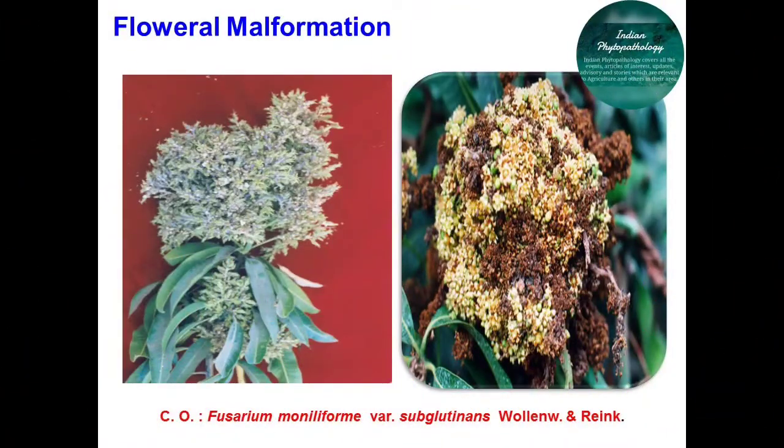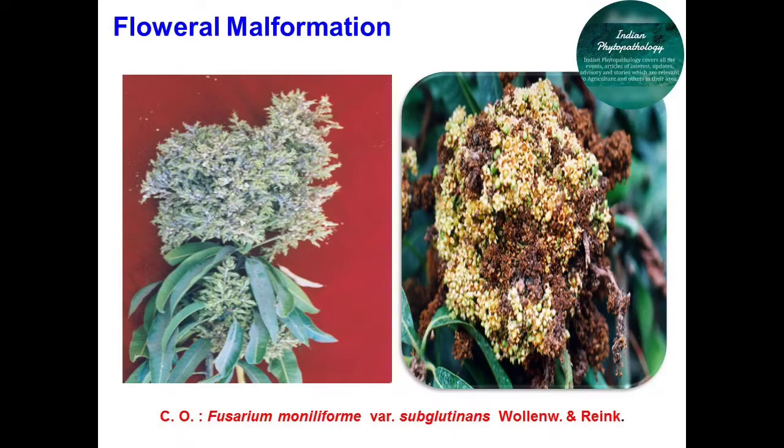The third most important phase is floral malformation. In floral malformation, there is reduction in the length of the primary axis and secondary branches of the panicle. Flowers transform into vegetative buds forming rudimentary leaves in clusters. The main axis is drastically shortened and flowers are transformed into small leaves.